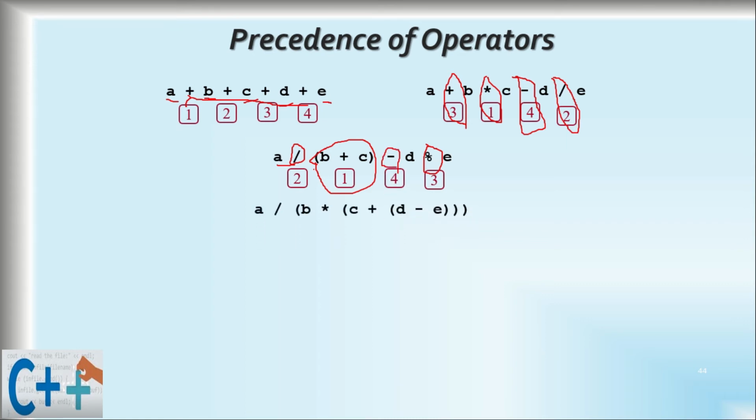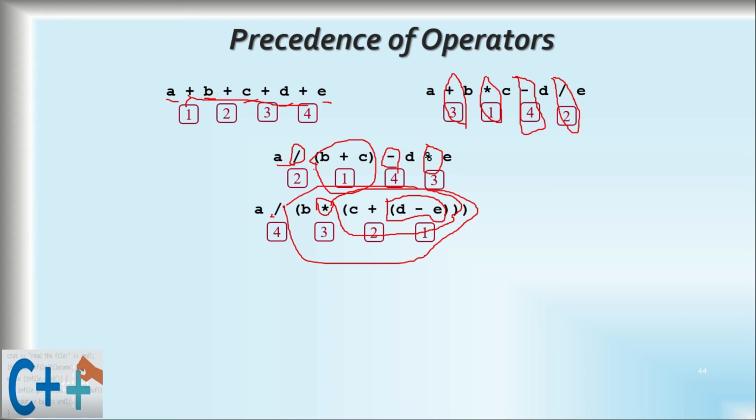From here the first one is the inner bracket, and the second one is the next outer bracket, then the next one is this multiplication sign, and the last one is outside of the big bracket, the division operator.